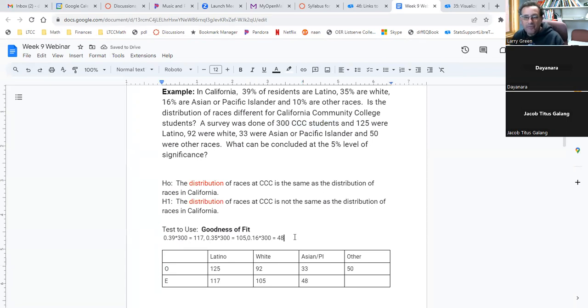And then the others is 10%. 0.10 times 300. That one you might be able to do in your head, but that's an easy one. What's 10% of 300? Yeah, 30. Any questions on that?